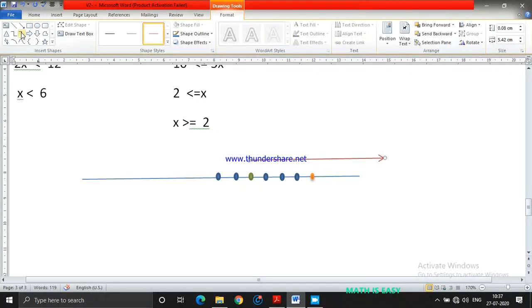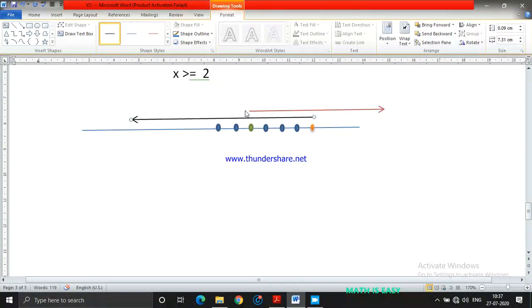Next one is x is less than 6. So excluding 6, less than means I have to move leftward. Or if you want, we can take this line above the other one. So what is the portion where both the lines have a common portion? Start from 2. This is the portion from here to here.